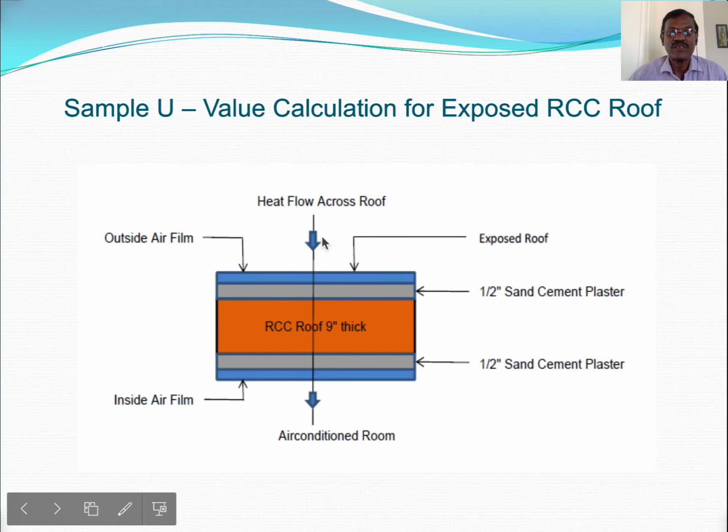Here also I have considered a 9-inch thick RCC roof, with 1/2 inch plastering on both sides. The top is exposed to sun, the other side is the room side. So the heat flow pattern is horizontal, downward flow.